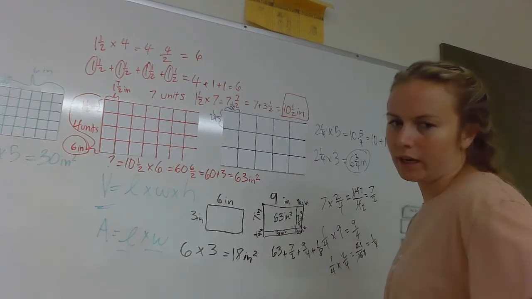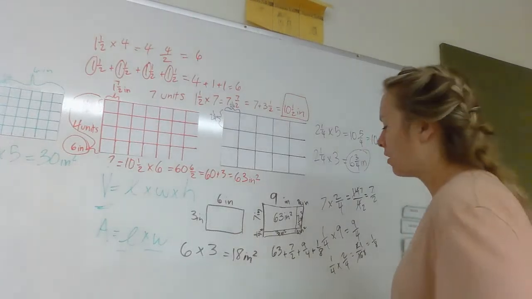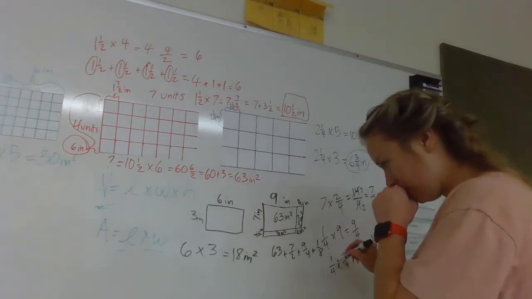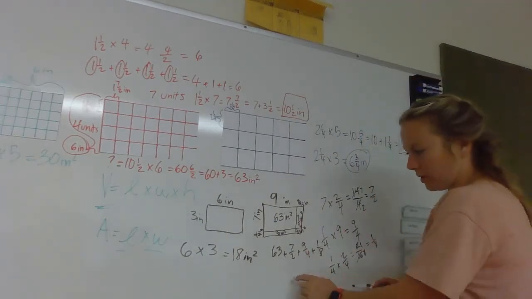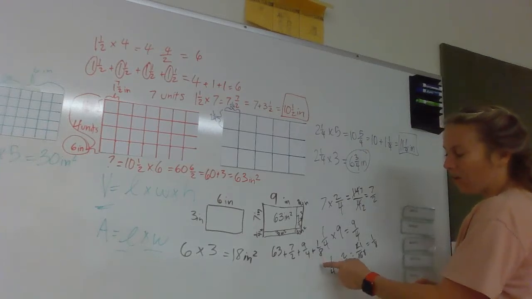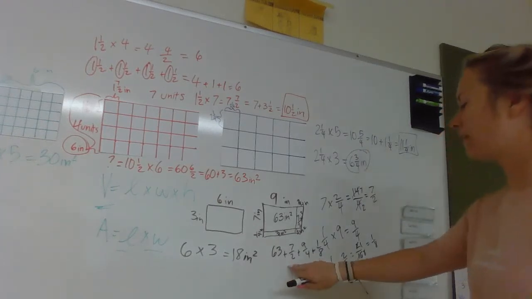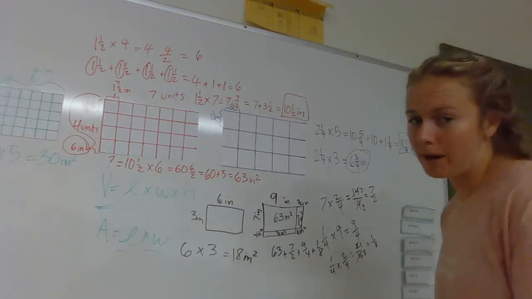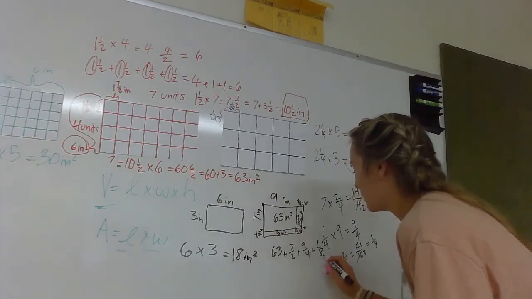Okay, we got a little work to do. We've got to have a common denominator on the three fractions to be able to add them up. So my common denominator is going to be 8.